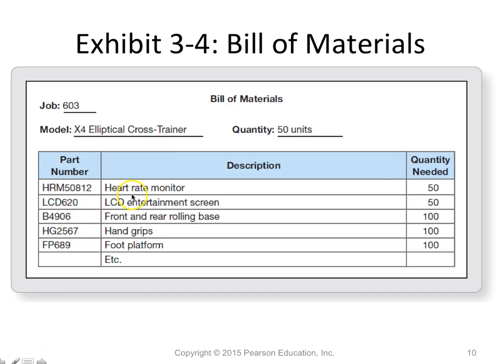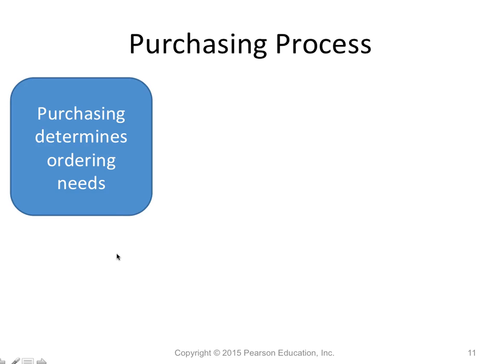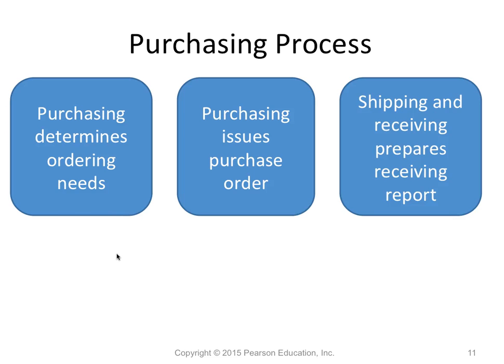So heart rate monitor, LCD, entertainment screen, and so on. Total of 50, 50, 100, 100, and so on. There'll be more here, and we may need more; here we just put 5. Those are the materials, the direct materials we have.